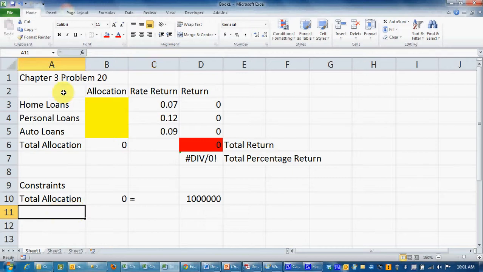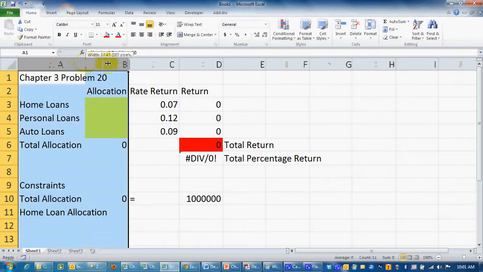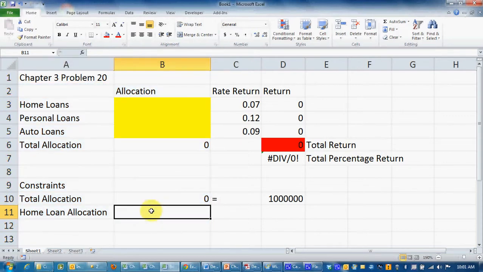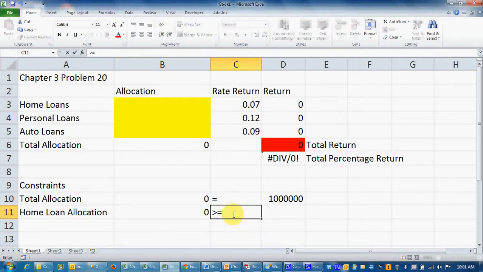Okay. And then the next one is home loan allocation. Make this a little wider so it fits. Home loan allocation. So that would be B4, I'm sorry, B3, this is just equals B3, must be greater than or equal to 40% of the total allocation.